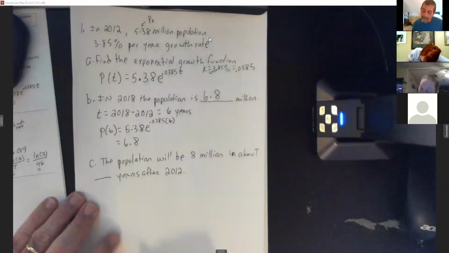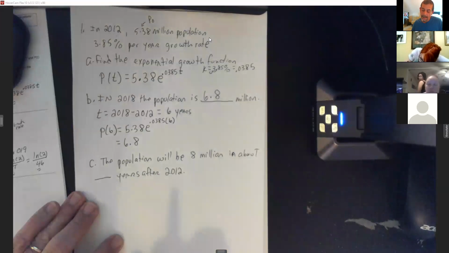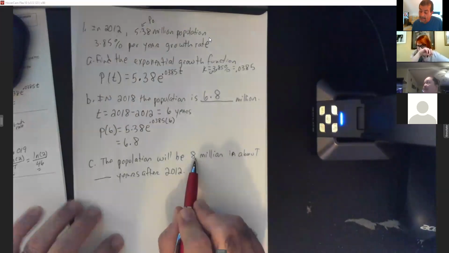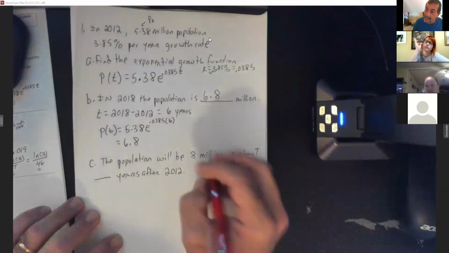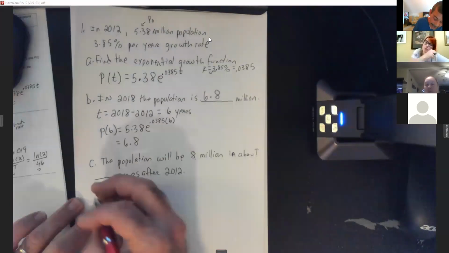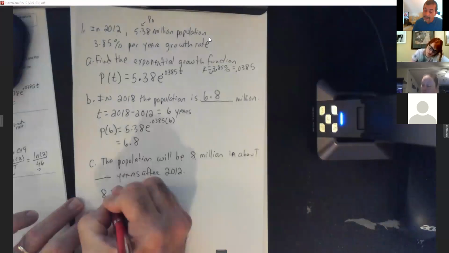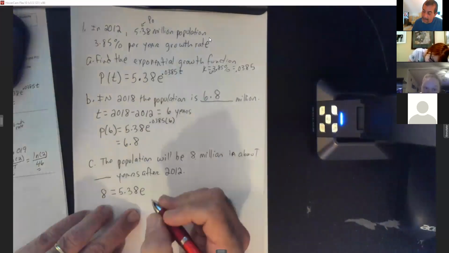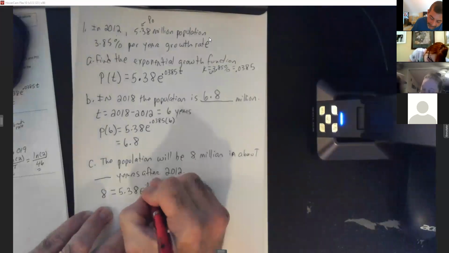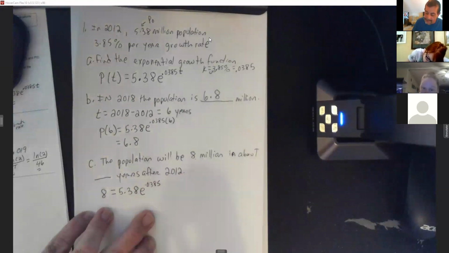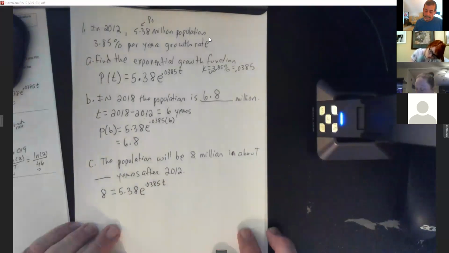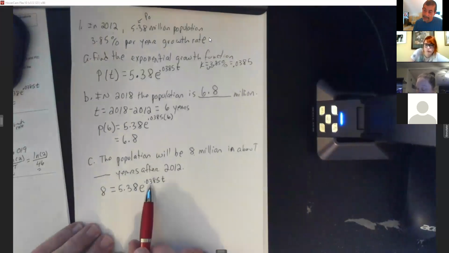So now we're not looking for the time or the amount after a certain number of years. What they want me to do is find how many years after 2012 it will be 8 million. So 8 million would be the ending amount. So we're going to put 8 million equals my 5.38 e to the 0.0385 t, where the t for the years is what I don't know this time. So we're actually going to solve this for that t.